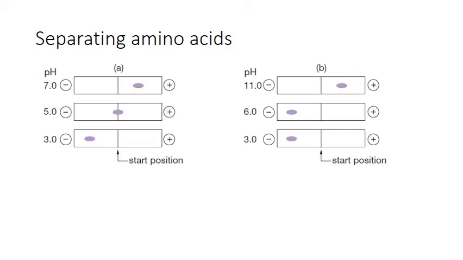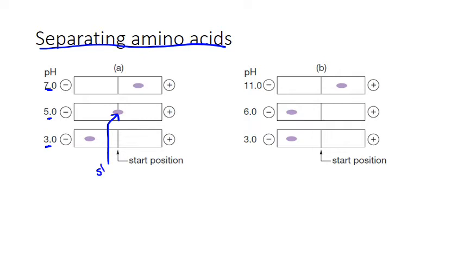So what we'll end up with is some type of experiment where we're separating the amino acids, and these are gel electrophoresis. So what we've done here is we've put them in different buffer solutions, so at different pHs. So we've got pH 7, 5, and 3. Now what I automatically look for is something that hasn't moved.